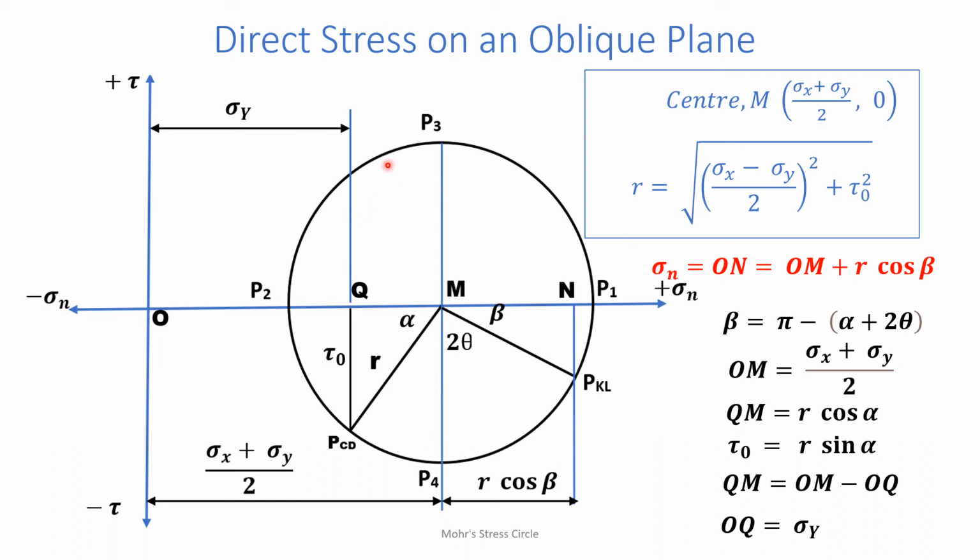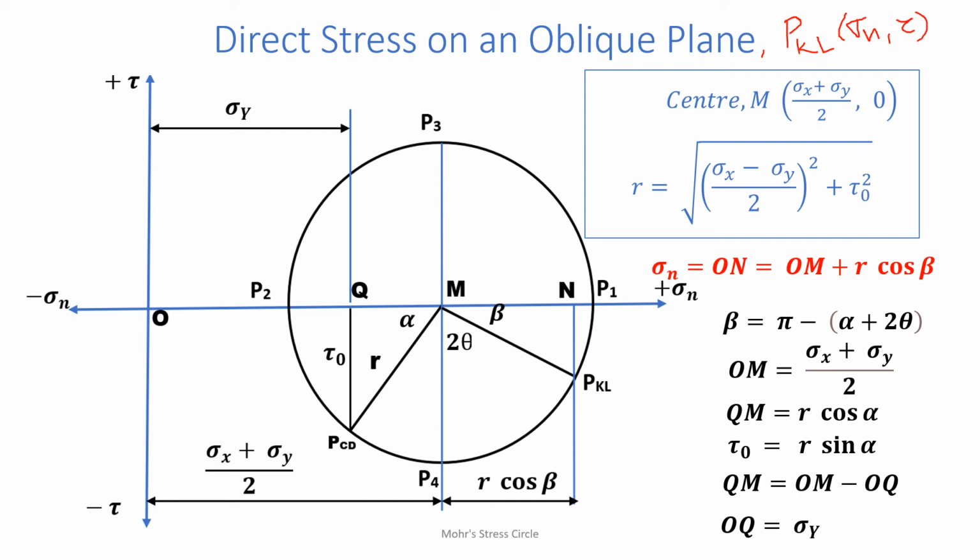Now for any oblique plane PKL, as we discussed for the analytical method, PKL subtending an angle theta, the direct and shear stress are sigma n and tau.